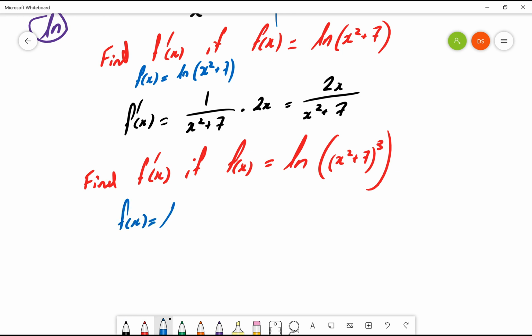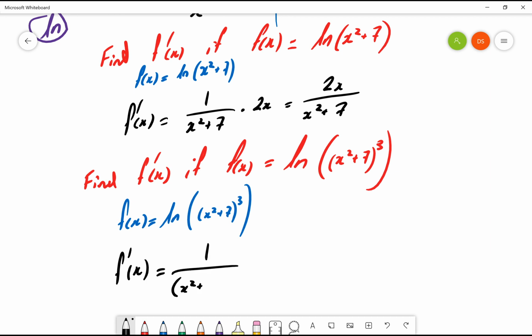ln brackets x squared plus 7 to the power of 3 close brackets. Now, 1 over the inside, which is this, multiplied by the derivative of the inside, which is once again multiply the power, take 1 off the power, multiply by the derivative of the inside, which is 2x again.